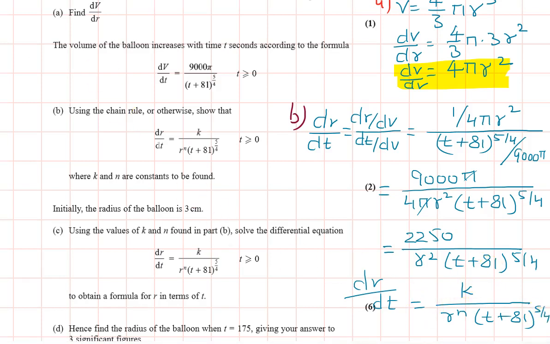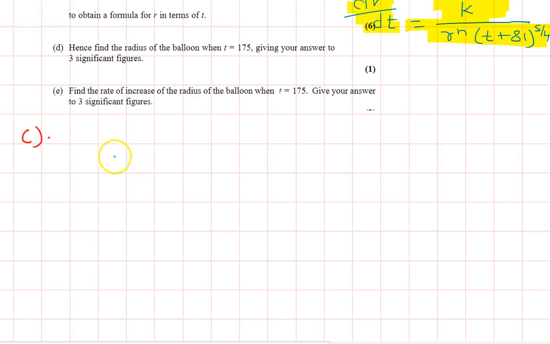So that is what we are supposed to prove in this question. Next, using the value of k and n found in part B, solve the differential equation in terms of r and t.